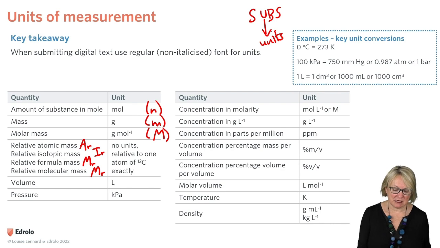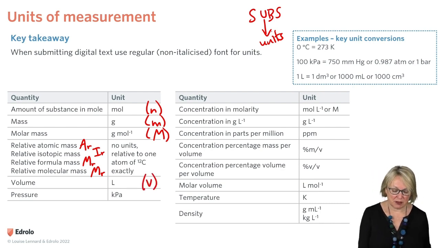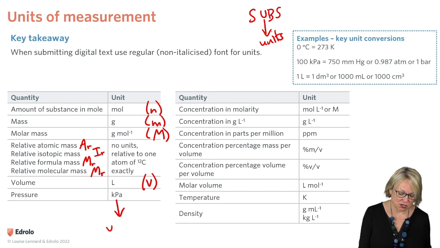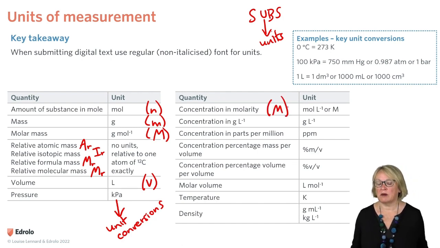Volume is in litres. Pressure, the standard unit is kilopascals, but there are unit conversions in the data book. Concentration in molarity, which is capital M, is in mole per litre. Concentration can also be in other units, such as grams per litre.